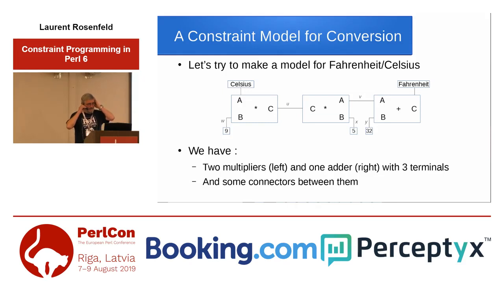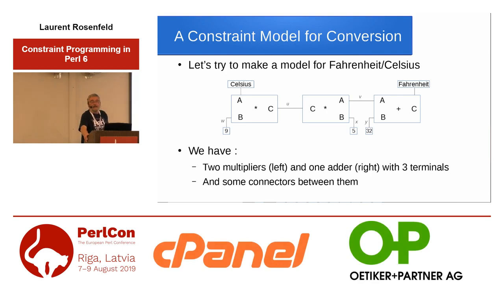So let's get back to the Fahrenheit Celsius model. Here what we have on the scheme is 3 boxes. The 2 boxes on the left are called multipliers, and the box on the right is an adder. They play the same role, except the 2 on the left make multiplications and the one on the right makes additions.